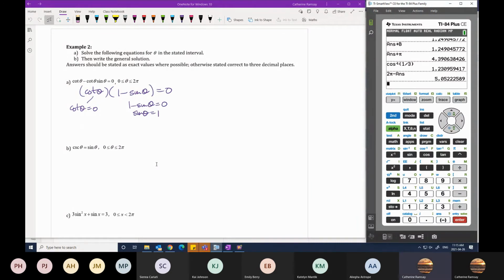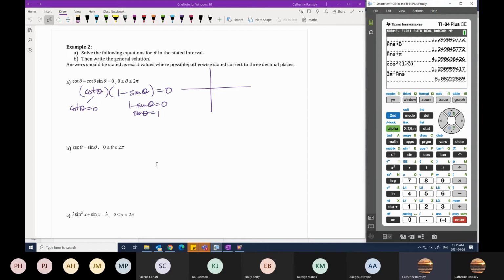All right, so where is cotangent theta equal to 0? Does anybody think they know? So cotangent is the reciprocal of tan. The reciprocal of 0 is, of course, undefined.